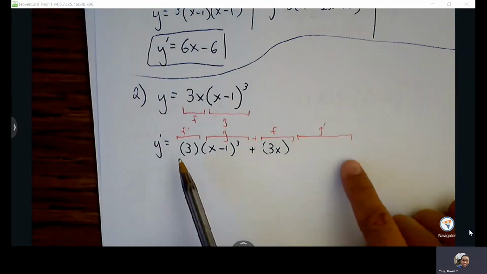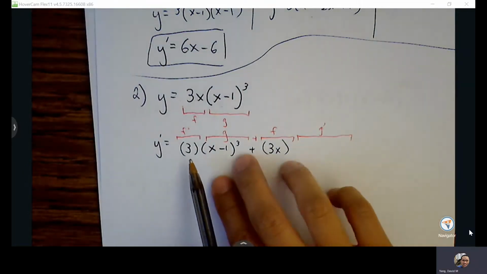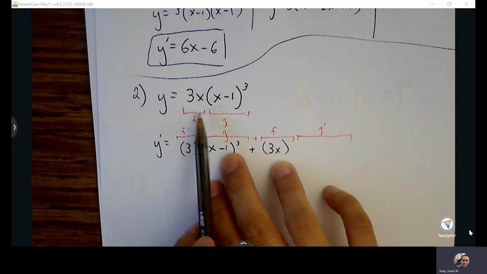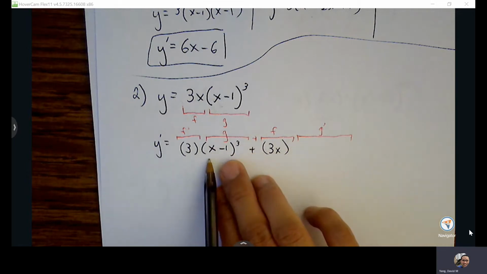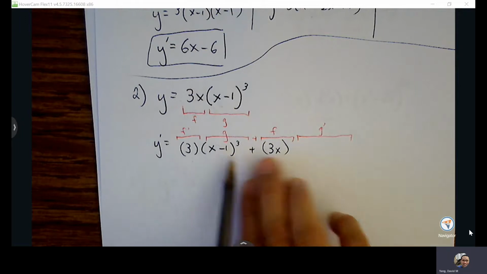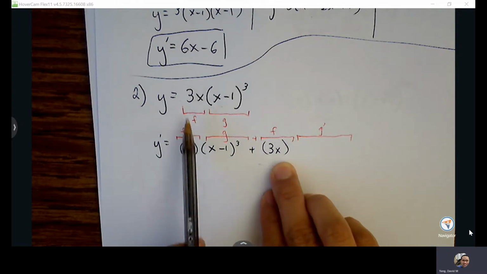So now f prime and g and f should be pretty straightforward, right? 3x becomes 3. x minus 1 cubed, which is dragged down the second term. The 3x because of the original f.